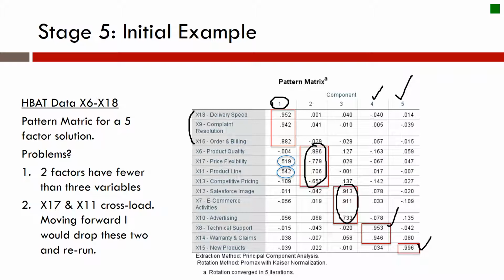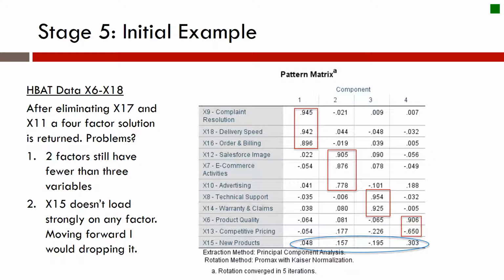So what I would do, and what I've done here, is I would go ahead and consider dropping variable 17 and 11 because they're clearly cross-loading on 2 different factors, and that's going to be problematic when we do analysis later on. Okay, so I've rerun the data with those 2 variables eliminated. Variables 11 and 17 have been dropped.